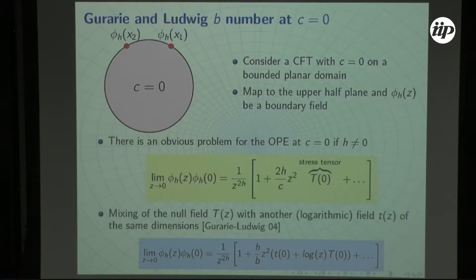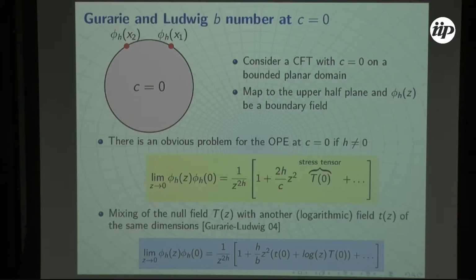Actually, what is happening is that if you think in terms of the operator product expansion of these two fields at the boundary, since they are at the boundary, they are holomorphic. Then the operator product expansion usually expands over, for instance, the sector which contains the identity, and then it contains the descendants of the identity, etc. Well, if you see this coefficient here, it is obviously ill-defined when c is 0.